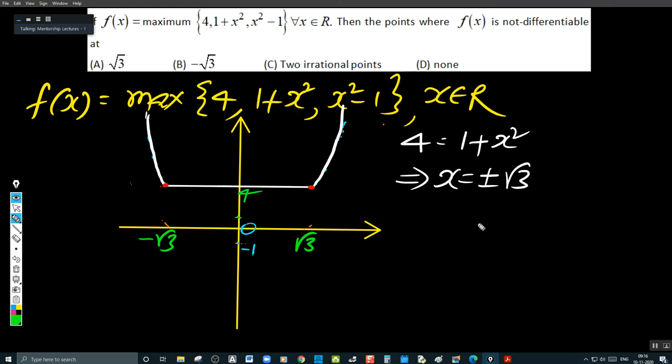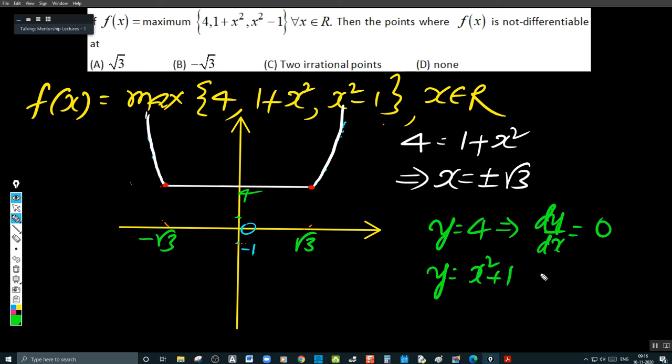At root 3, if you want to find out, your function in the left-hand side is 4. That means if you take the left-hand side function, it is y is equal to 4. And what is its derivative then? 0. That is the reason why it is parallel. And if you take the right-hand side function now, it is y is equal to 1 plus x square.